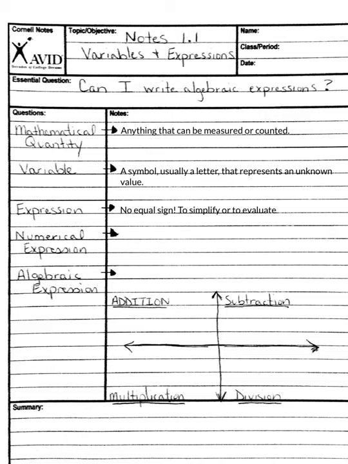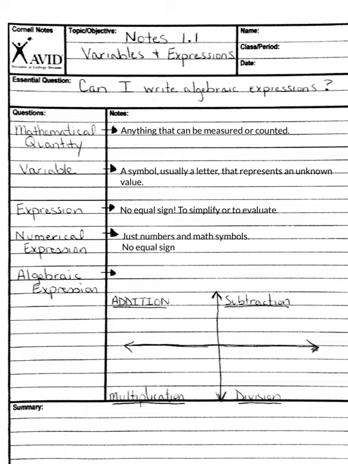So what is a numerical expression? Well, it's just numbers and math symbols. So first of all, it's an expression, so we know that there is no equal sign because of the word expression there.